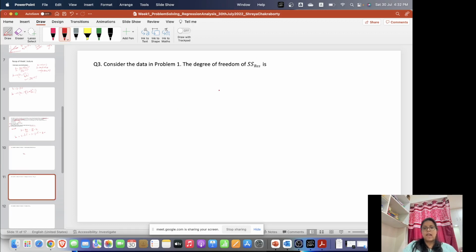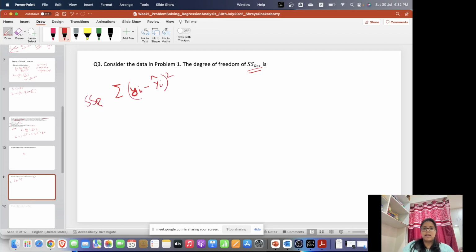Now, what is the degree of freedom of SS residuals? The residual sum of squares is given by summation of yi minus yi hat whole square.